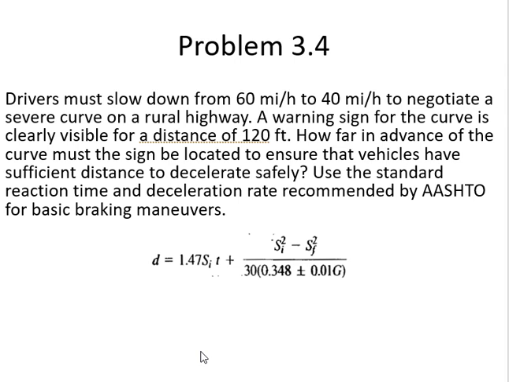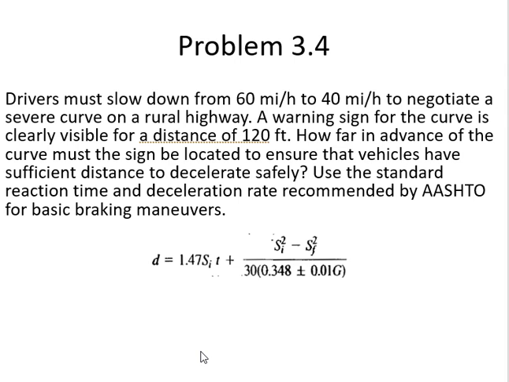Another example, a driver must slow down from 60 to 40 miles per hour because there is a severe curve ahead of him. So the curve is very sharp, so he needs to reduce his speed. So I should put what for him? A sign. And the sign should be before the curve or after the curve?